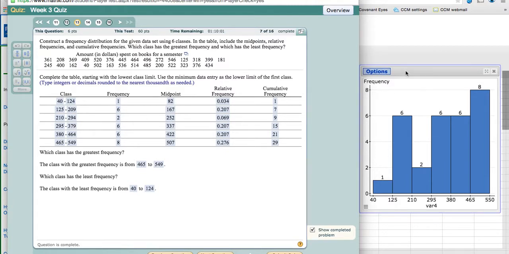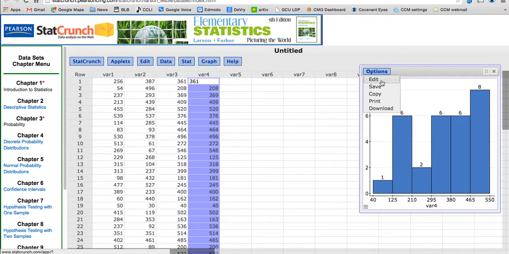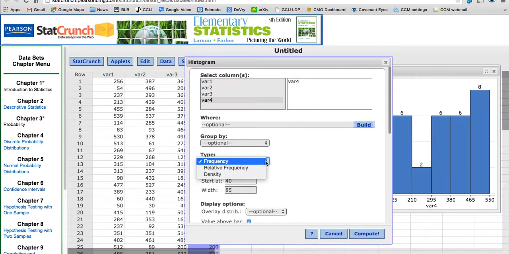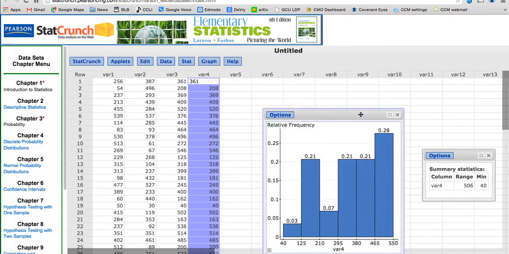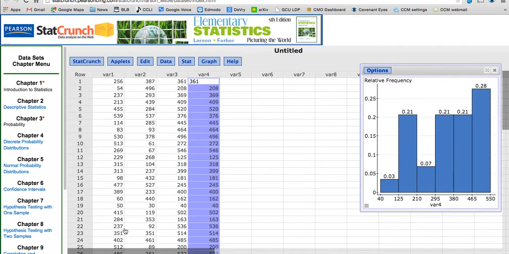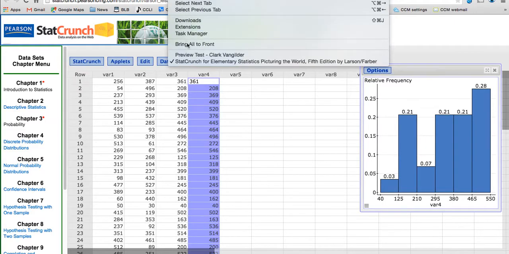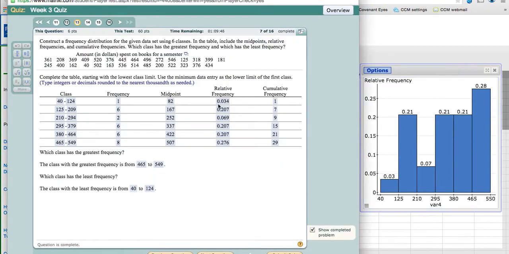Now, to get the relative frequencies real quick, just come in here and edit this graph and switch to relative frequency. Now, the trouble with this is that my stats lab wants 3 decimal places. Notice how this is 0.034, but it's 0.03 here.